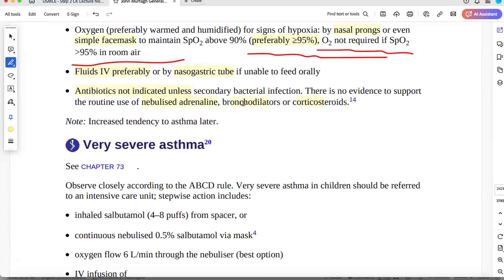Now, as per John Murtagh, it says less than 12 months, think of bronchiolitis, but you can think of bronchiolitis up to 18 to 24 months. So a wheezy child up to 18 to 24 months, you can think of bronchiolitis if the symptoms go with bronchiolitis.